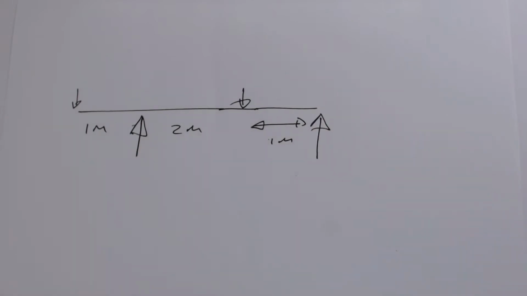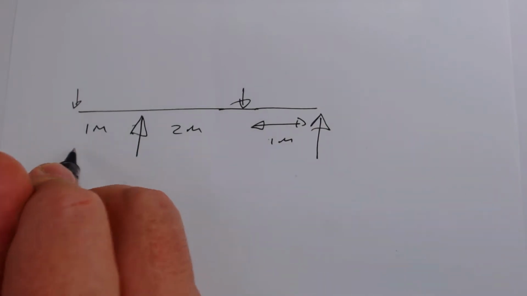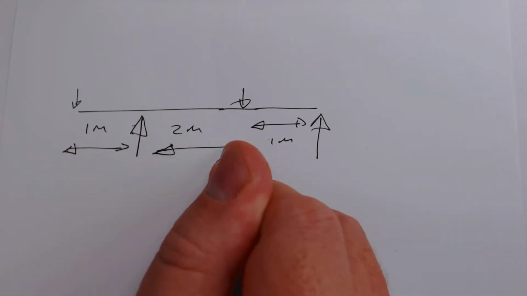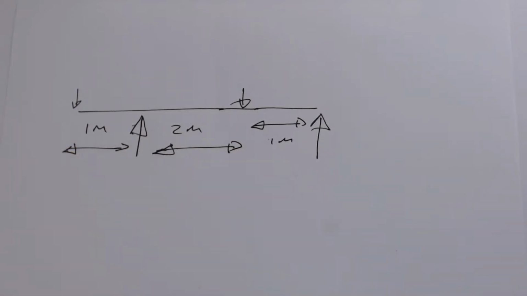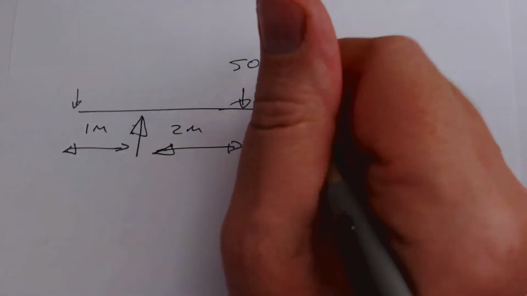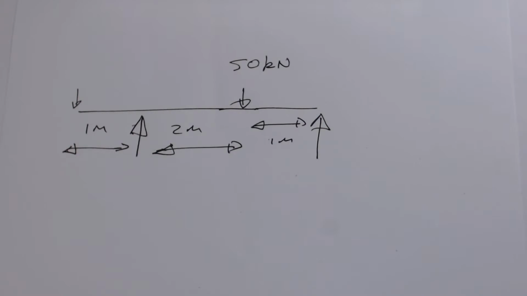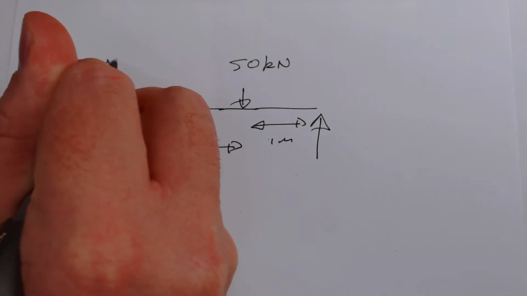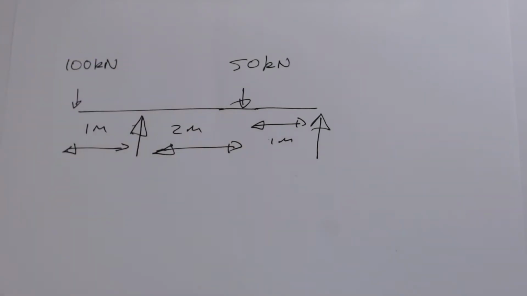So we've got a scenario set up like this: 1 meter, 2 meters here, and what I'm going to do, of course, is apply 50 kilonewtons at this point, and surprise surprise, I'll put 100 kilonewtons at that point.